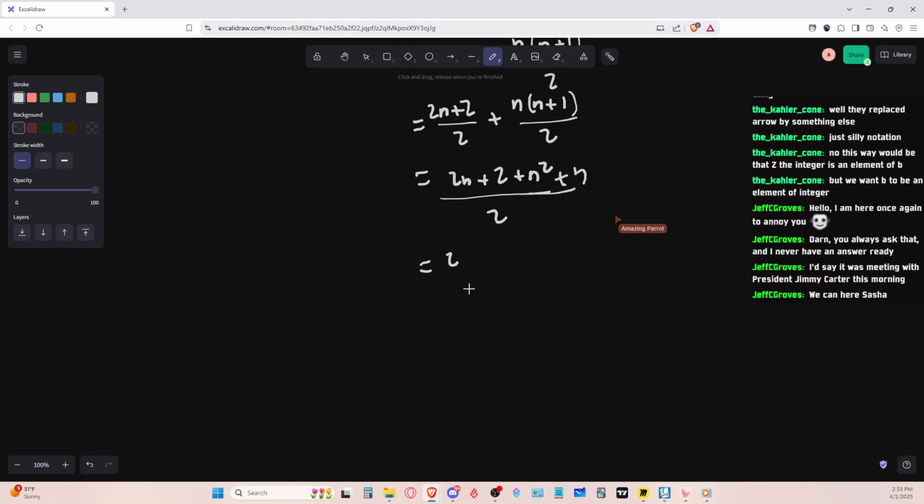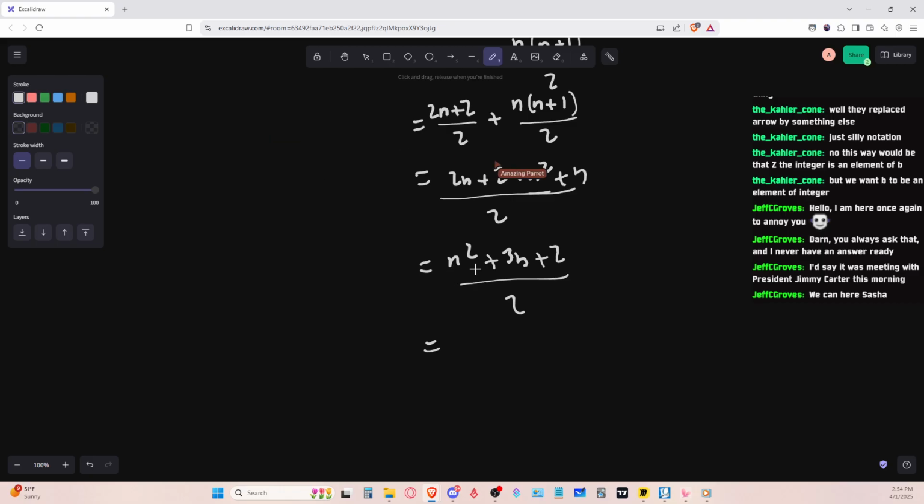I'll write it so all the variables look nice. So n squared plus 3n plus 2, over 2. Do you want me to factor it?